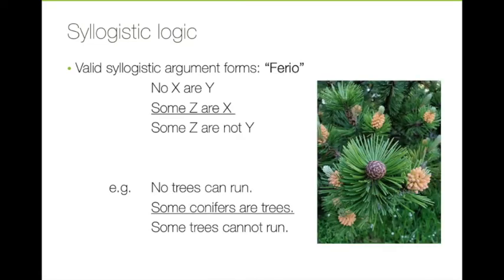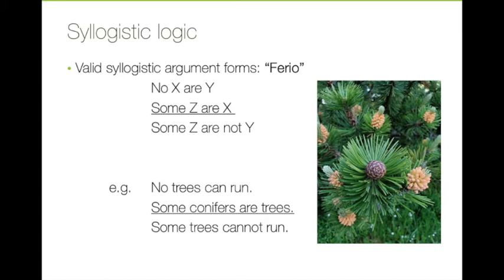And our final valid argument form is called Ferio. This one goes, no X are Y, some Z are X, so some Z are not Y. Here we have that sneaky not that's important to remember.